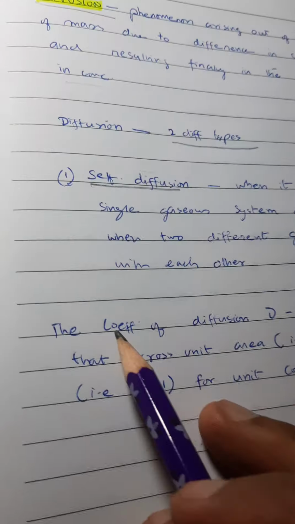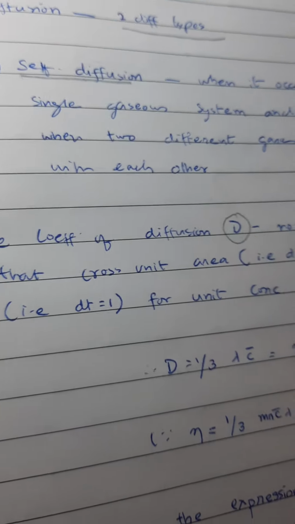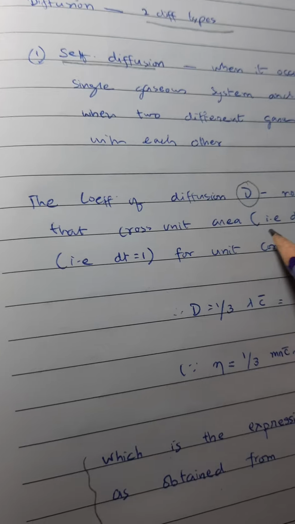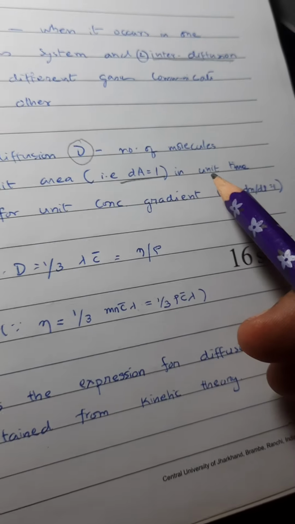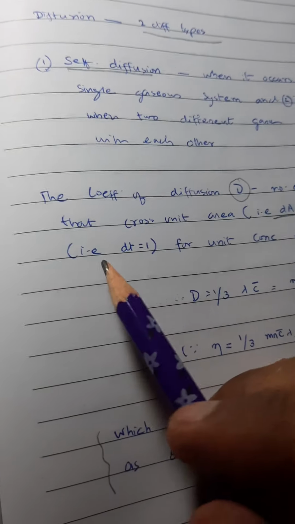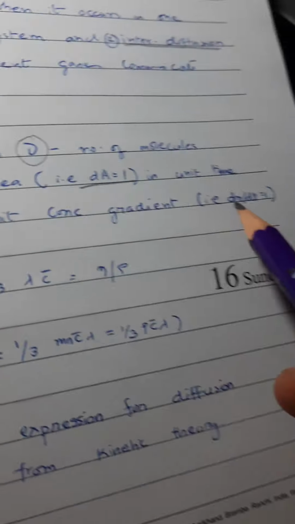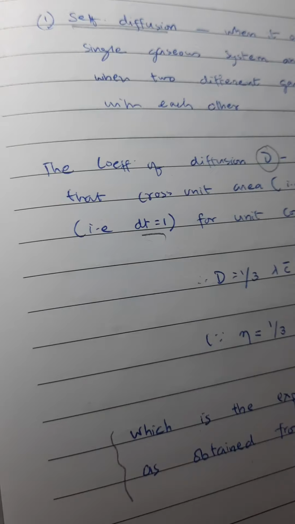Now, the coefficient of diffusion, that is this D value, is the number of molecules that cross unit area, that is dA equal to 1, in unit time, that is dt equal to 1, for unit concentration gradient, that is dN by dL equal to 1.